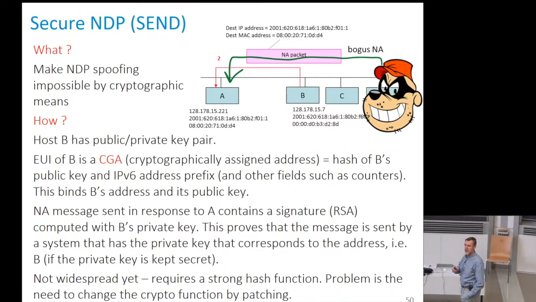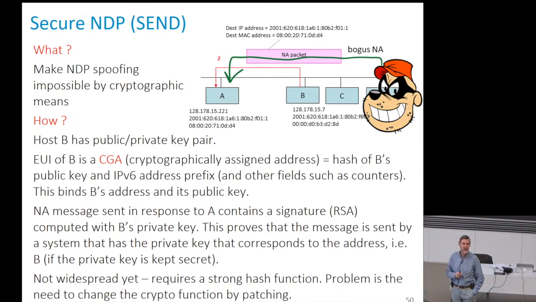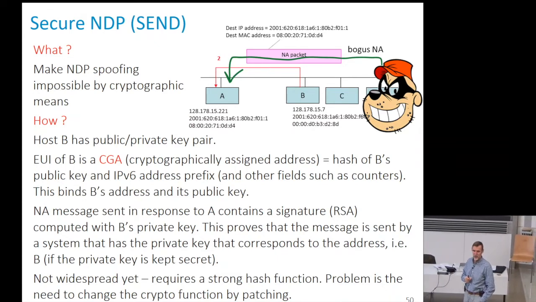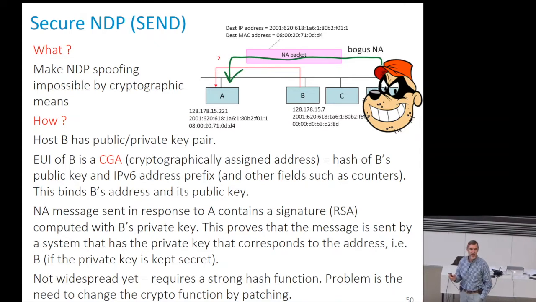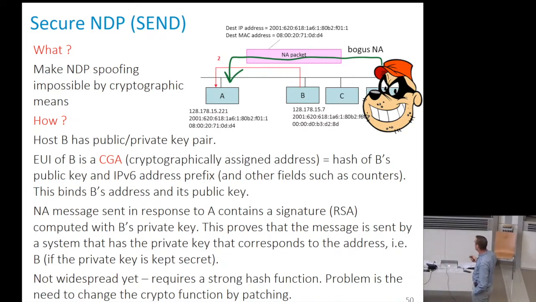Hashing means we take a function, which is also a one-way function, that translates the public key, which is typically much larger than 64 bits, so you number crunch it, and you obtain a sequence of 64 bits. And as with cryptography, it is practically impossible, knowing the hash, to know what the public key was, other than by trying and doing brute force. So the host part of B is derived from its public key.